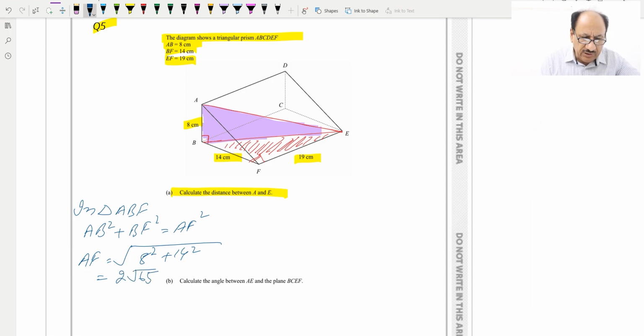And after finding AF, now we can find AE also. So AE will be by Pythagoras theorem. Now we can consider in triangle AFE, AF square plus FE square is equal to AE square. Our target is to find AE.